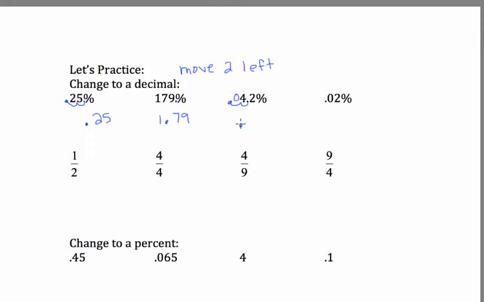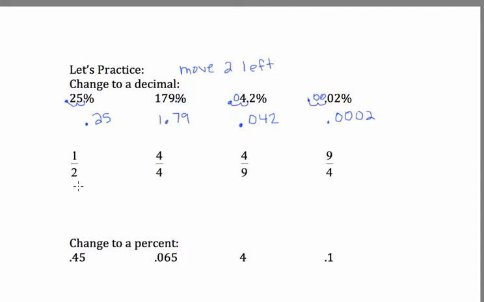So 4.2% is 0.042. 0.02%. Oh, we're going to get a really small number here. 2 spots to the left, put zeros in. So our answer is 0.0002. 0.02% is 0.0002.